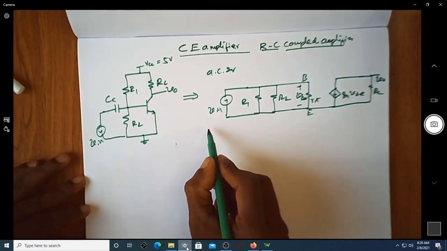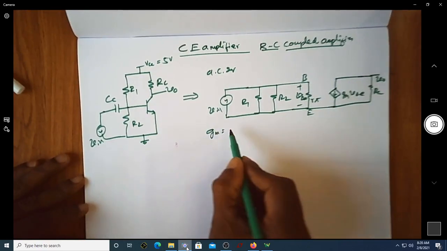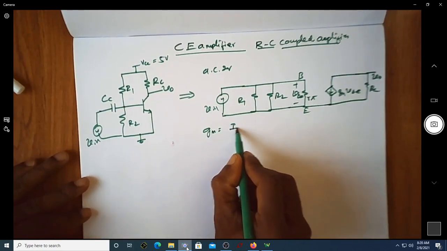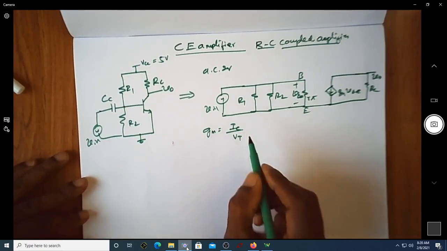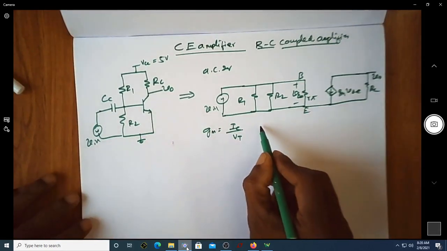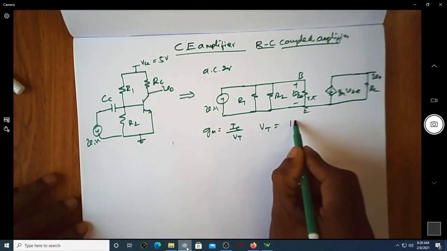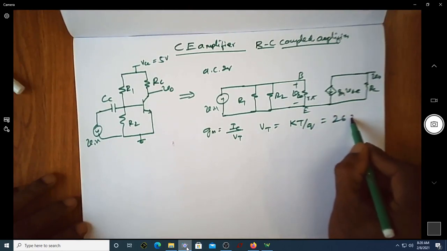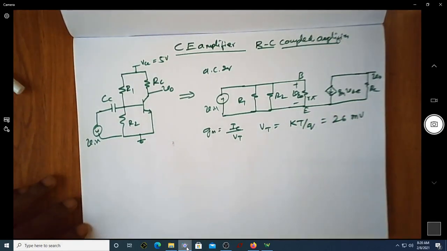So we know that of course the transconductance gm is given by IC by VT, where VT happens to be the thermal voltage. So VT is equal to kT by q, which will be 26 millivolt at room temperature, considering this as the value of VT.